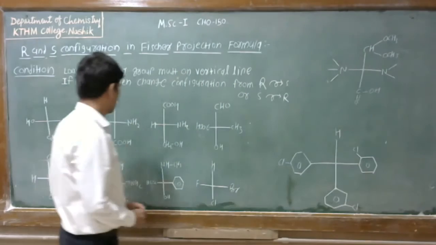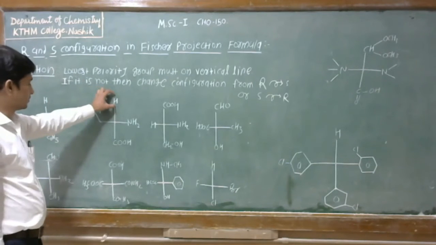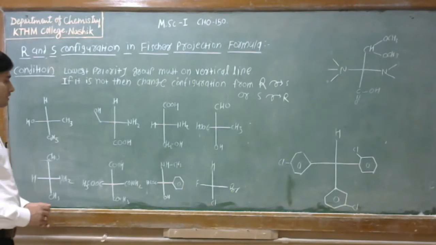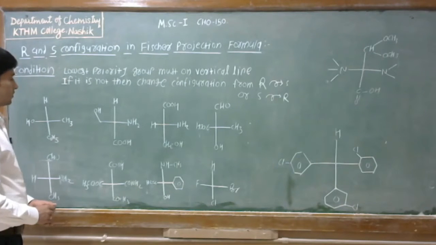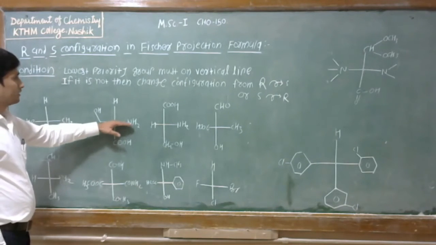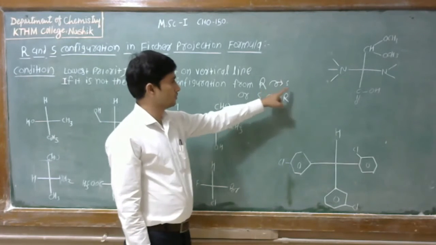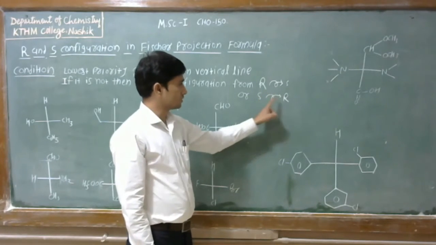So in this case, the lowest priority group should be on the vertical line. If it is not, if the lowest priority group is on the horizontal line, then we have to change the configuration from R to S or S to R.